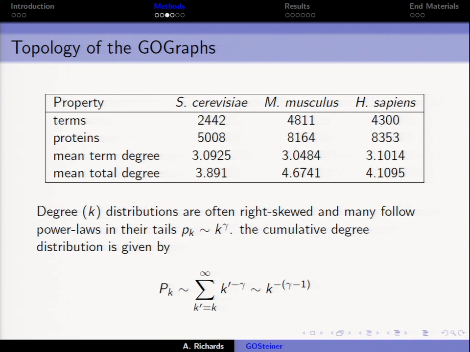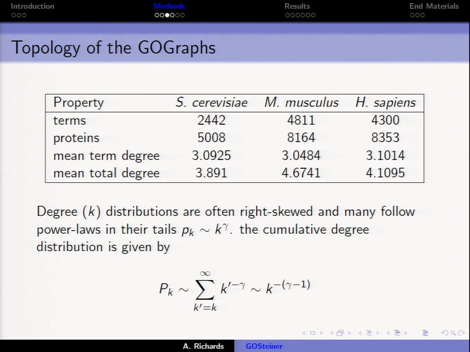A more common way to describe a network is to use what's called the cumulative degree distribution. If we're going to have a metric based on degree, we want to make sure that the networks we're using here are somewhat similar.